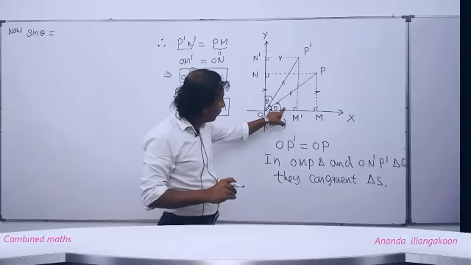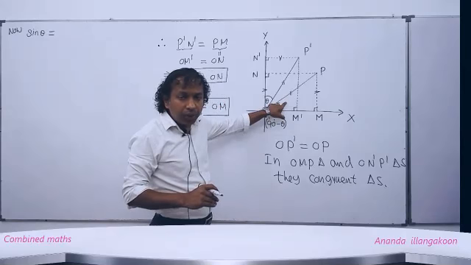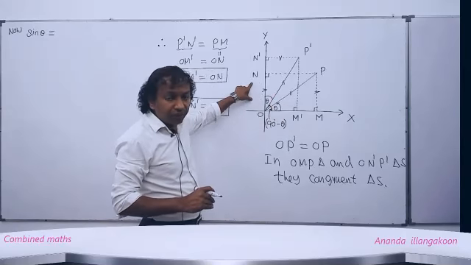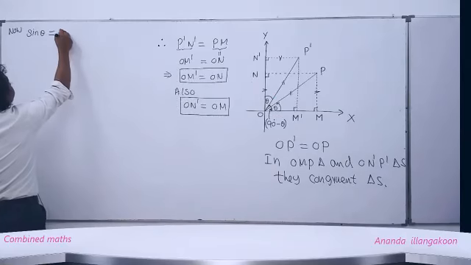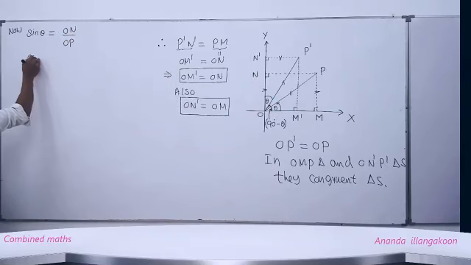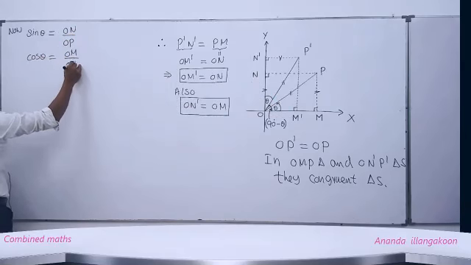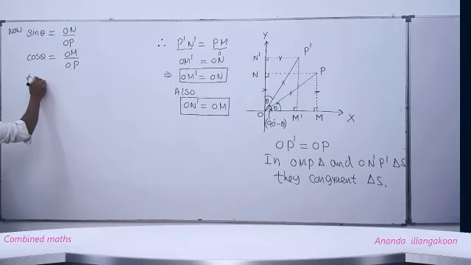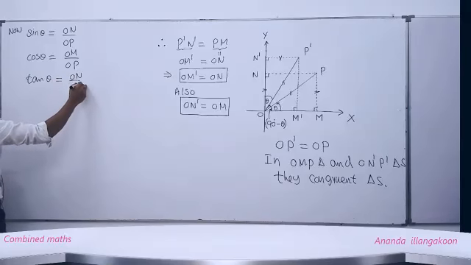That is this. What is the definition? Perpendicular projection of this OP on the y-axis divided by OP: ON by OP. Cos theta is OM by OP. Tan theta is ON by OM. I think you can understand this very clearly.